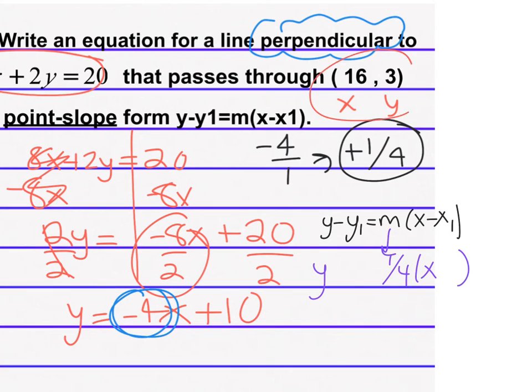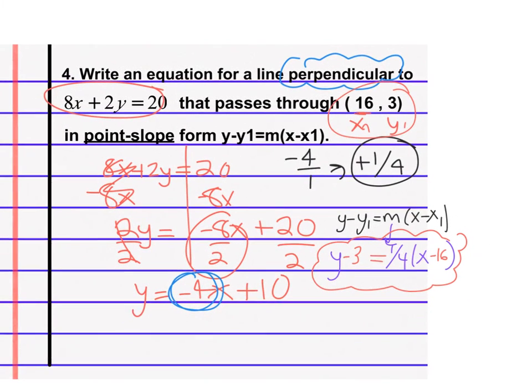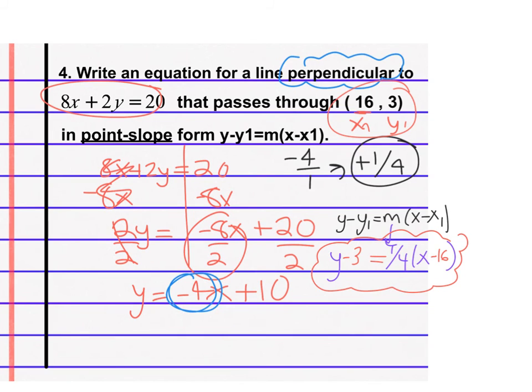Then here is my x1 and my y1. Please remember, for point slope form, the signs change. So my y1 looks like a positive 3. In my answer, it will show up as negative 3. My x1 is a positive 16. In my equation, it will show up as negative 16. So this is my final answer. Y minus 3 equals 1/4 times x minus 16.